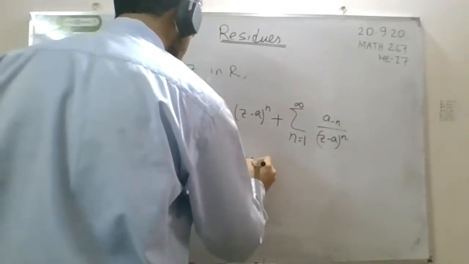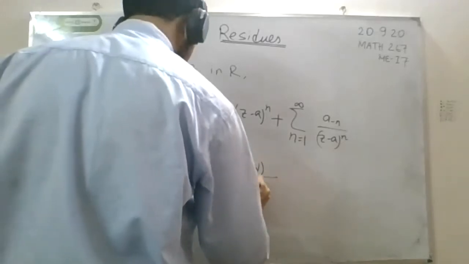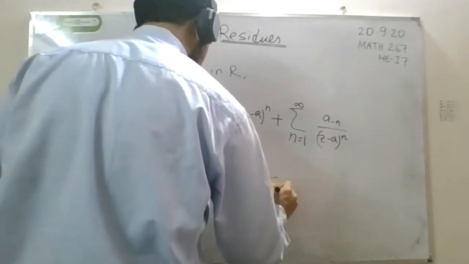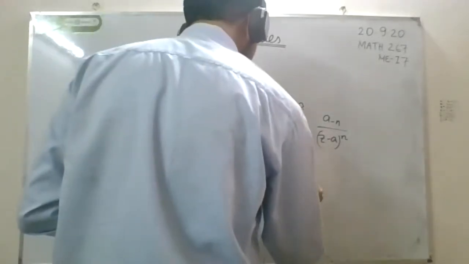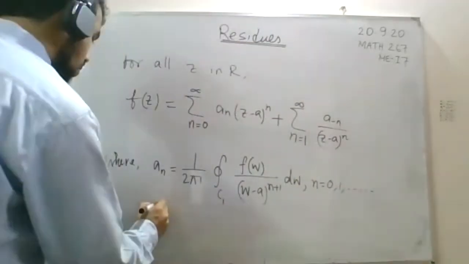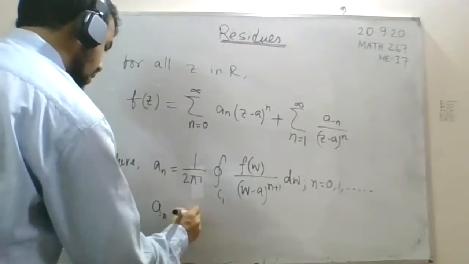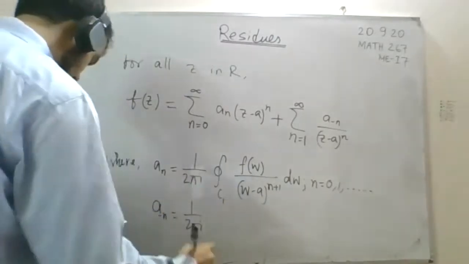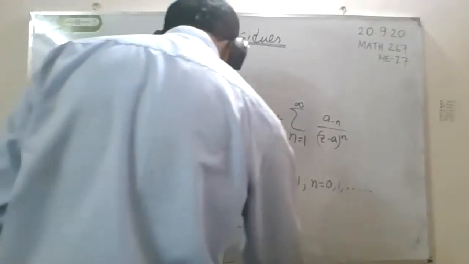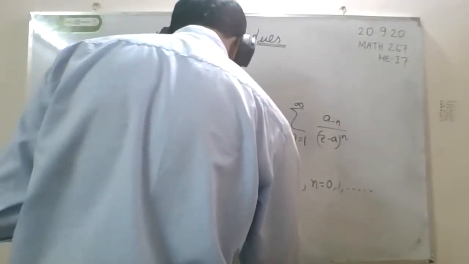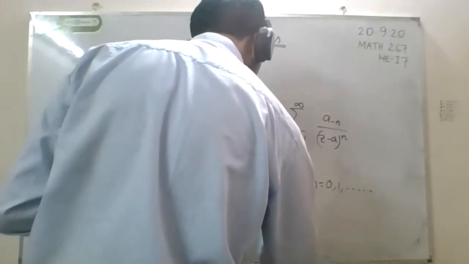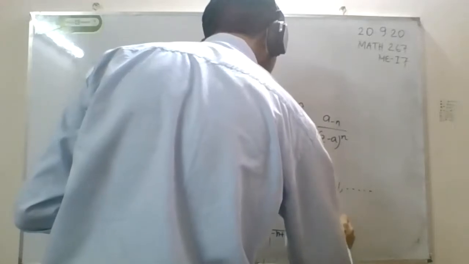And it can be noted as the integral of f(w) divided by (w minus a) to the power n plus 1 dw, where n equals 0, 1, and also a_minus n equals 1 by 2 pi i, integral of f(w) divided by (w minus a) to the power minus n plus 1 dw, where n equals 1.